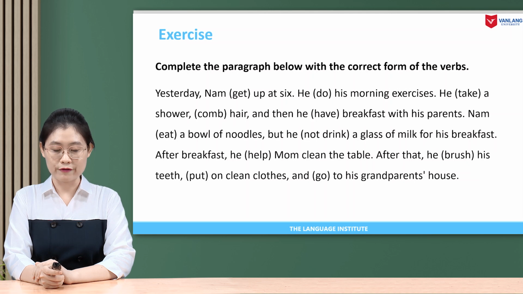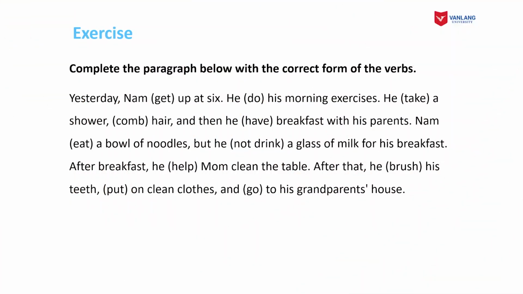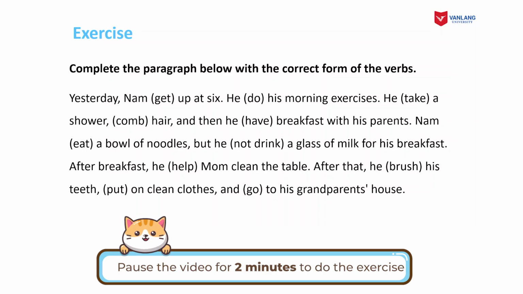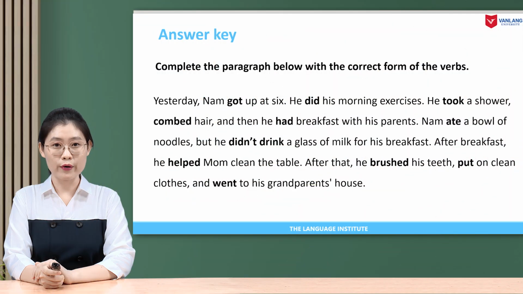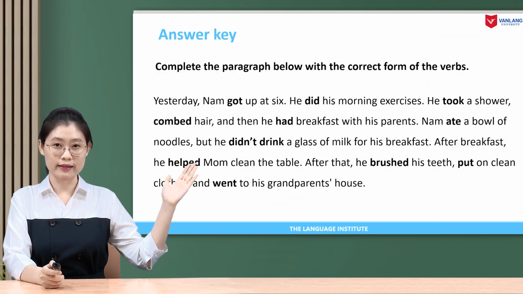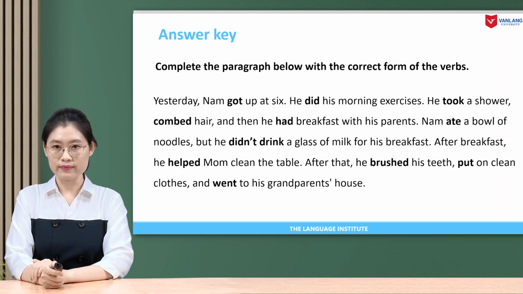And you can pause the video and then check the answer in the next slide. So here is the answer key for you to check. I hope that all of you are correct.